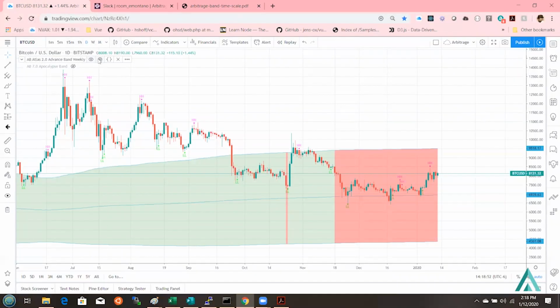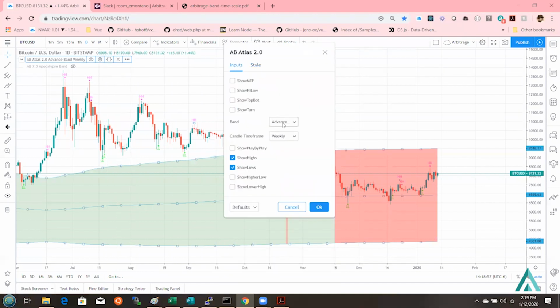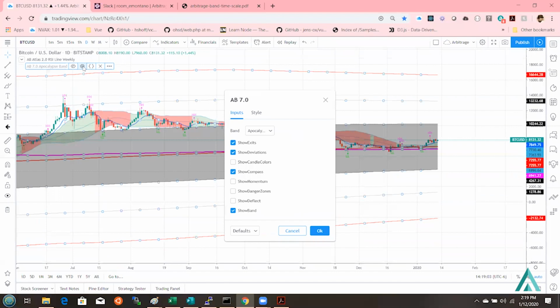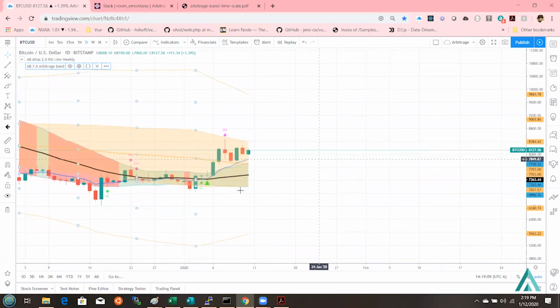So I'm going to adjust Atlas back down to our arbitrage band. I'm going to set the Atlas to RSI, and I'm going to turn back on our arbitrage band so we can see this. So quite literally, we got the buy signal on Bitcoin when it was sitting at 7,200, and we've already had one rest stop where it made it up at that high, was sitting at 8,400.